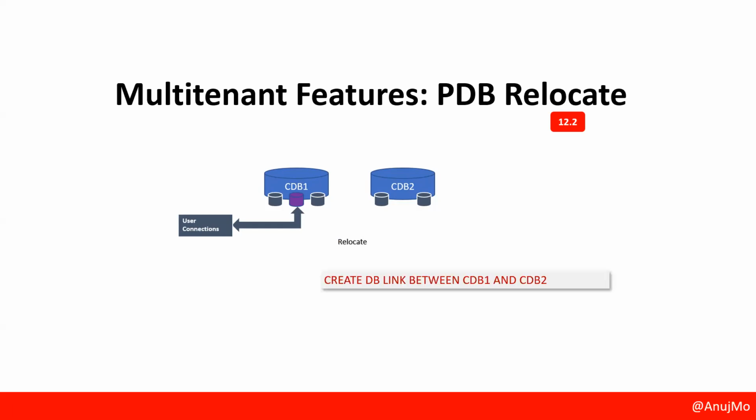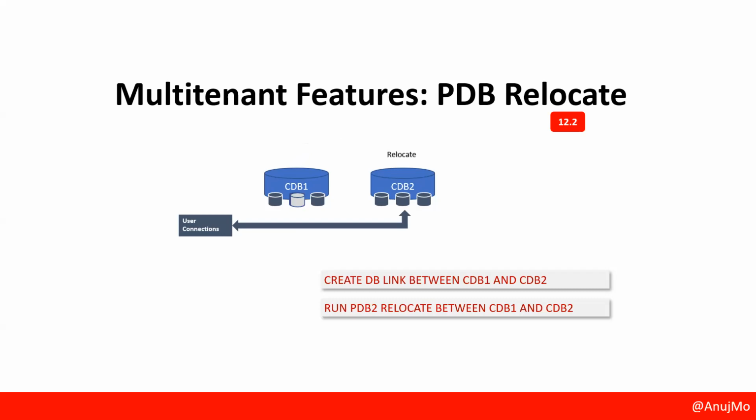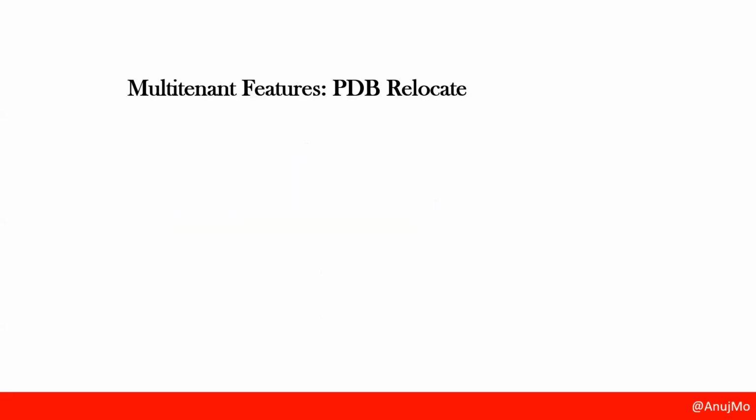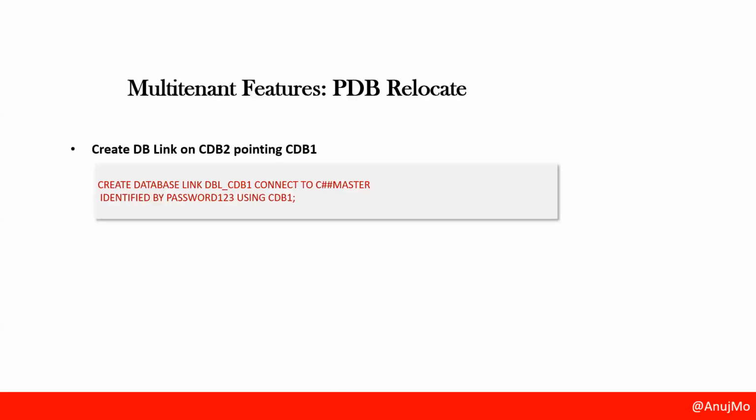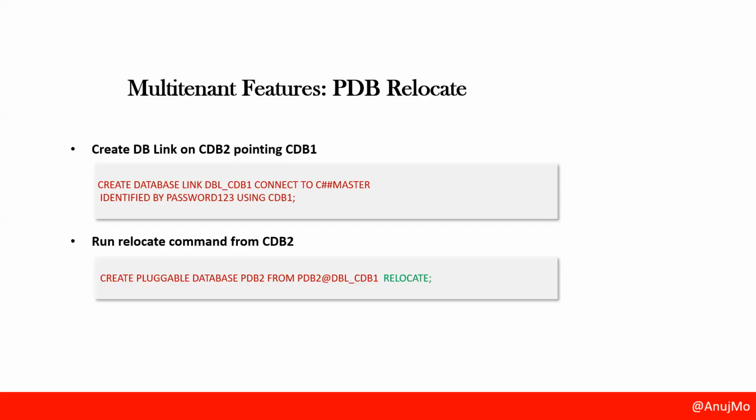All you need to do is create a database link between CDB1 and CDB2 and run a simple relocate command. Here is some command level information: you create a database link, then run a simple relocate command. It's pretty straightforward. The keyword is relocate.